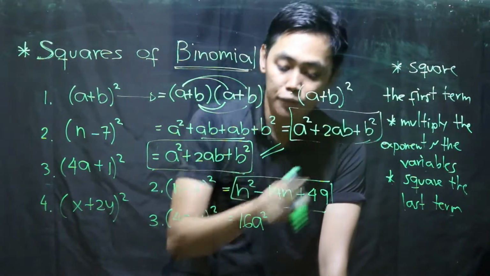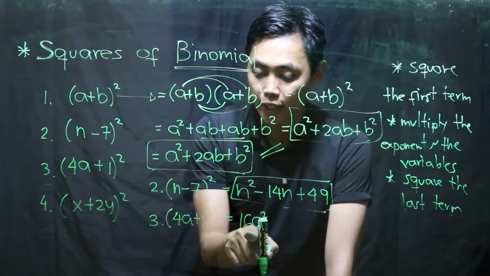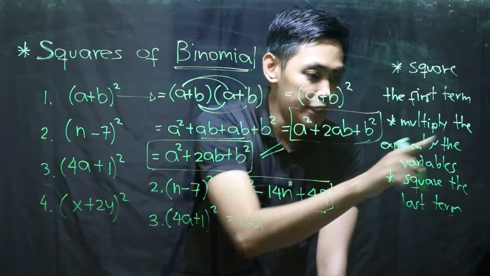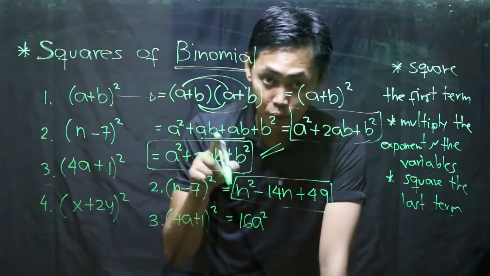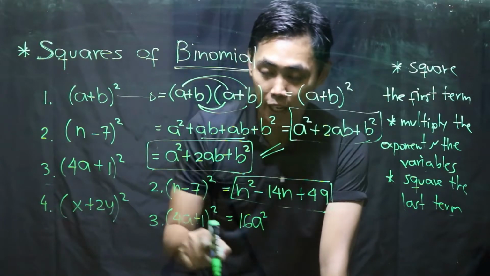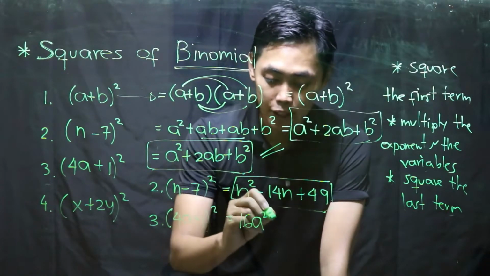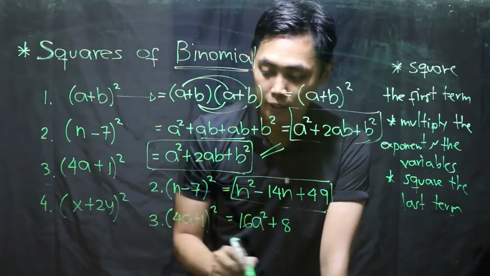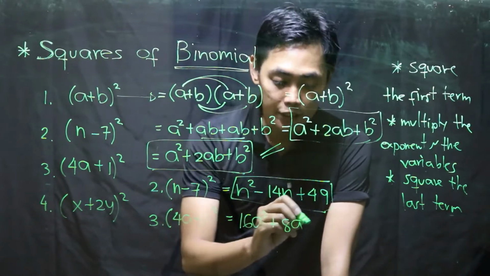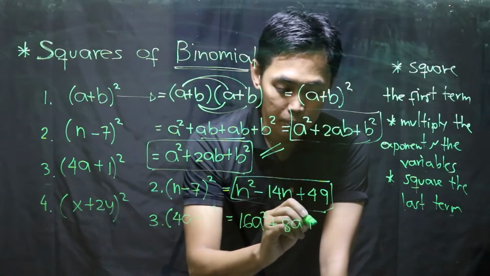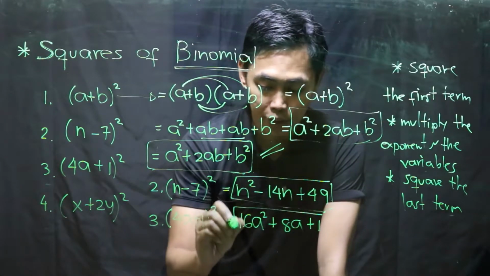So this is the square of the first term. Okay? Next, multiply the exponent and the variable. So, 2 times 1, 2, times 4a, 2 times 4, that would be positive 8a. Okay? And then, square the last term, plus 1. So, this is our answer.